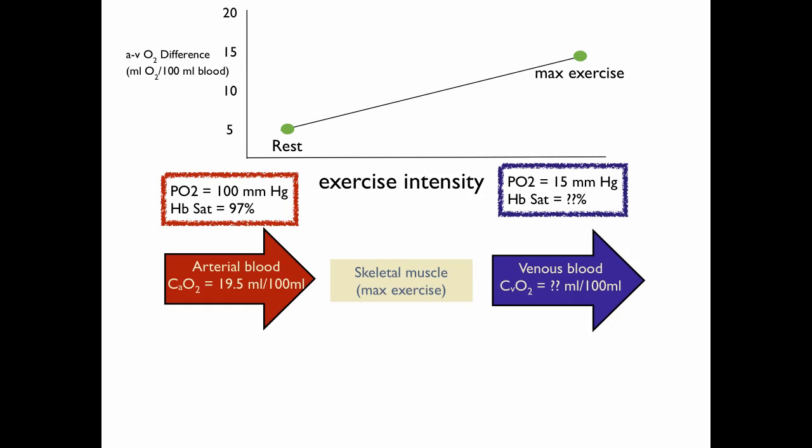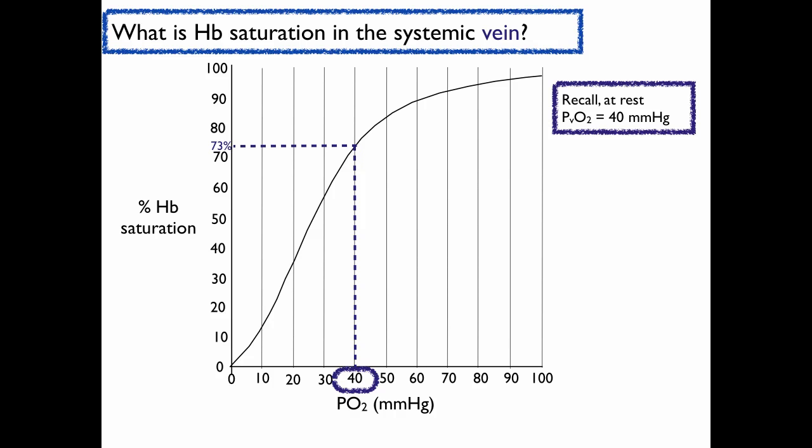So the first step will be find out what the hemoglobin saturation is at that partial pressure of oxygen, and then we'll use that to figure out the oxygen content in the systemic venous blood. So again, we're going to find our PO2 of 15 on the x-axis.